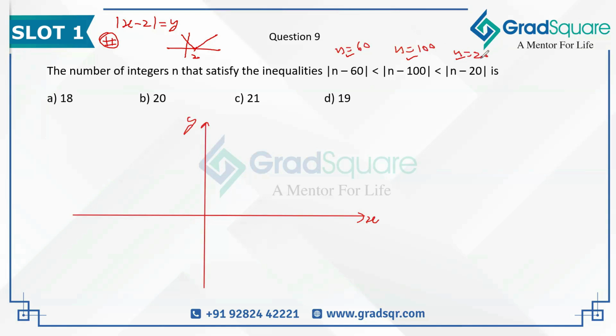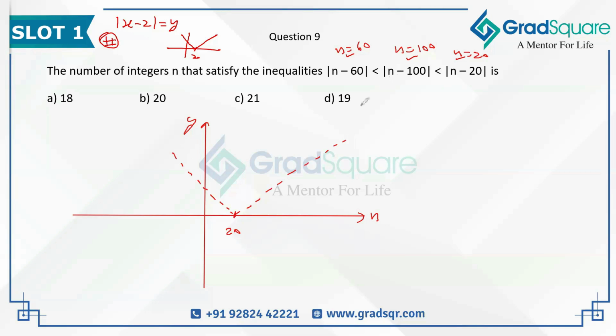Clear? Now, instead of x, let me take n on this axis, right? Now, n minus 20 is going to bend at n equals 20, right? So this is how the modulus of n minus 20 would look.